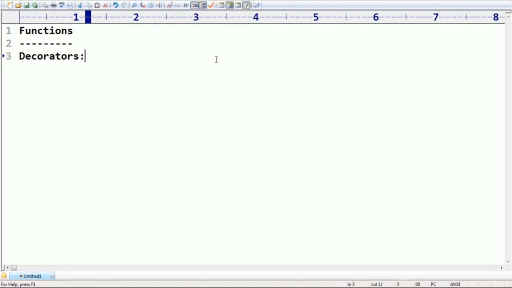So my decorator is always going to take some input function as an argument. Are you getting it? A decorator itself is a function which always takes some function as input, and it always generates some function as output. Remember that, okay?